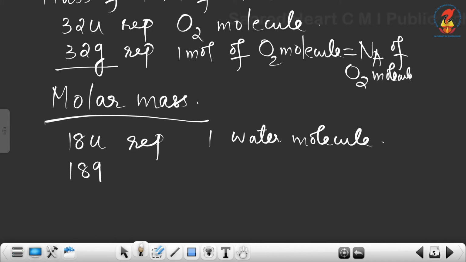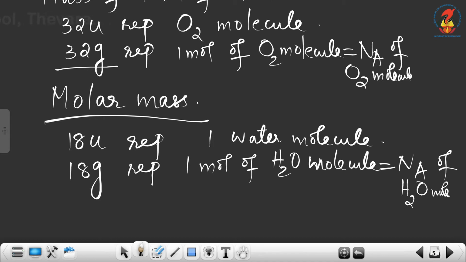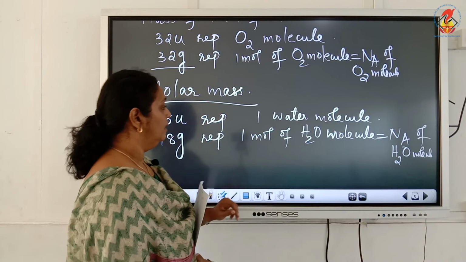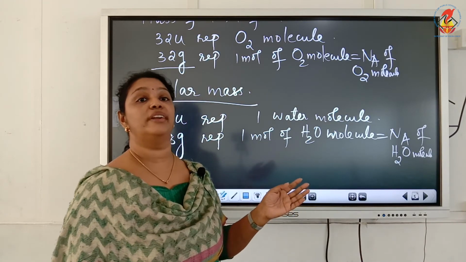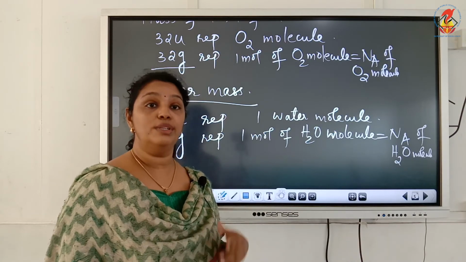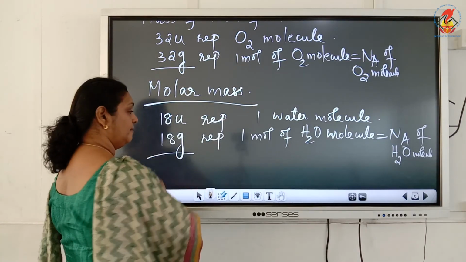Now, 18 gram represents 1 mole of water molecule. And we know 1 mole will contain Avogadro number of water molecules, or 6.022 into 10 raised to 23 water molecules. Okay. Now, 18 gram represents 1 mole, which means 6.022 into 10 raised to 23 water molecules will weigh 18 gram. That's the meaning of this.